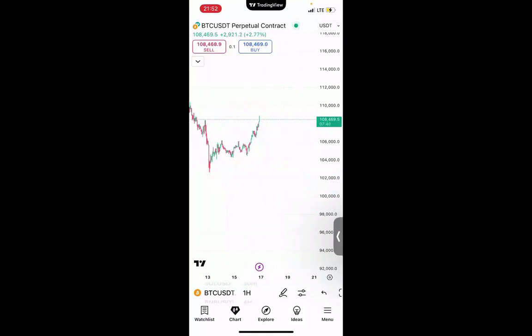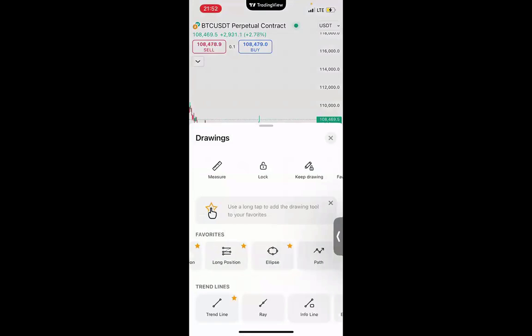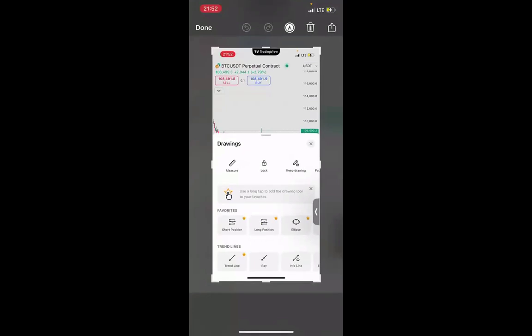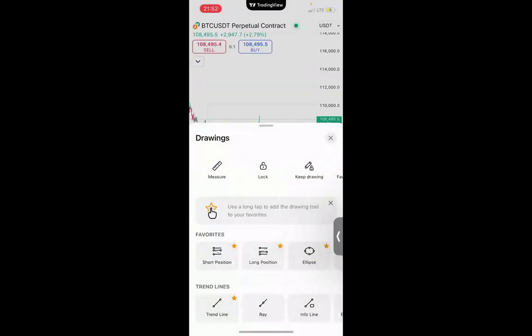So now, if I click on here again, we have our long position tool, which is for buying, and then we have our short position tool. Our long position tool is this, and our short position tool is this. The short position tool is for when you are placing a sell, and I'll go ahead and show how it looks.